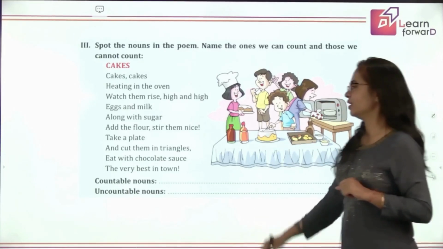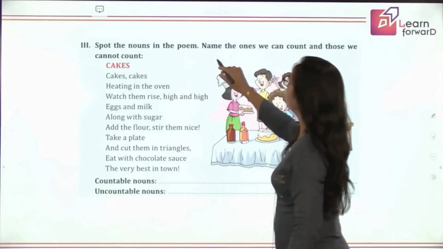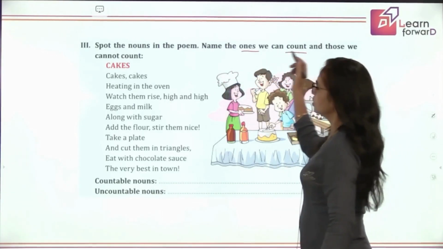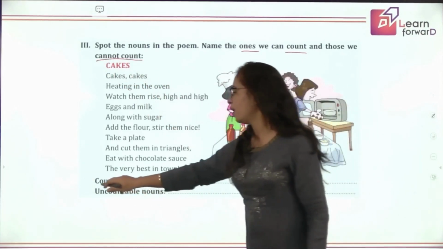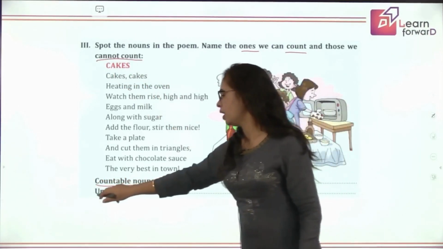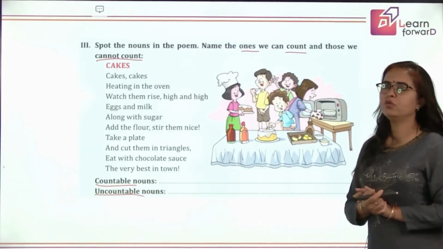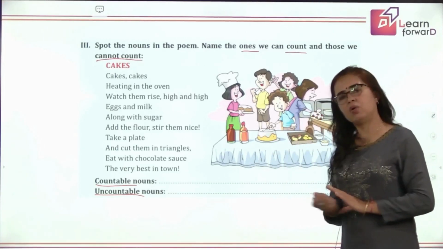Now, here's an exercise for you. Spot the nouns in the poem. Name the ones we can count and those we cannot count. That means you have to tell about countable and uncountable nouns. I hope all of you now know very well what are countable nouns, what are uncountable nouns.